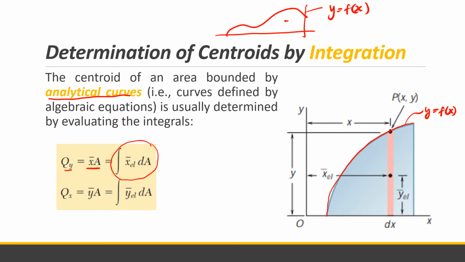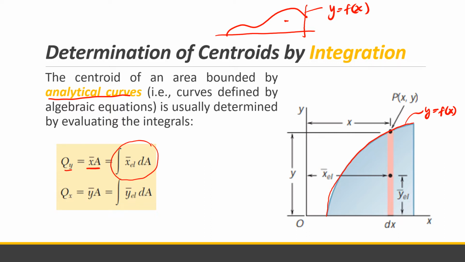Okay, so in determining the centroid of this area given bounded by an algebraic function, this is achieved by choosing dA or a very small elemental area to be a thin rectangular strip.